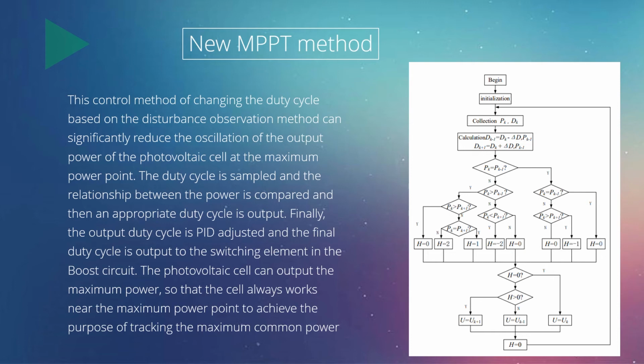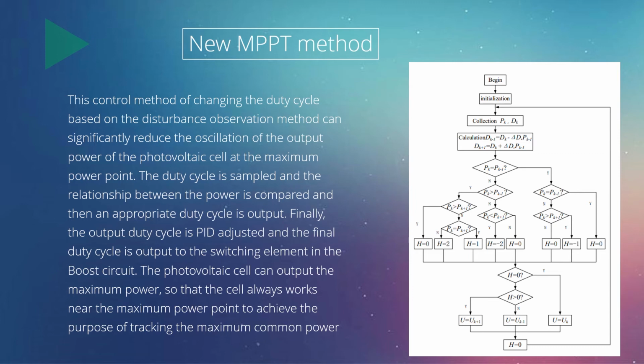This control method of changing the duty cycle based on the disturbance observation method can significantly reduce the oscillation of the output power of the photovoltaic cell at the maximum power point. The duty cycle is compared with the relationship between the powers, and then an appropriate duty cycle is output.